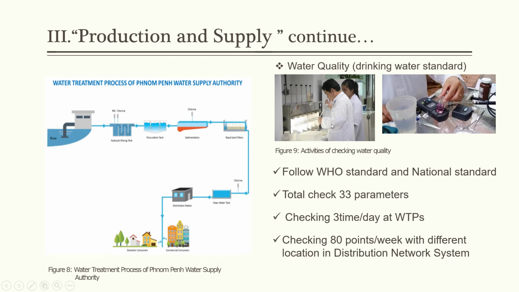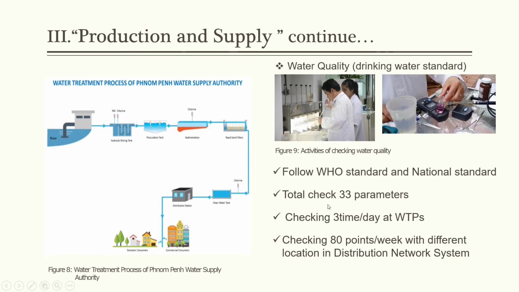And the right-hand side is talking about water quality, drinking water standard. As you can see in the figure, the staff of Phnom Penh Water Supply test the quality of water. This one is testing to find the concentration of residual chlorine. Phnom Penh Water Supply Authority follows the WHO standard and the national standard.